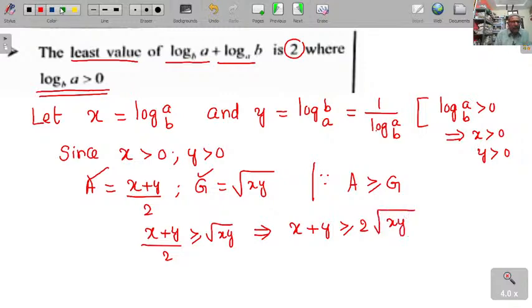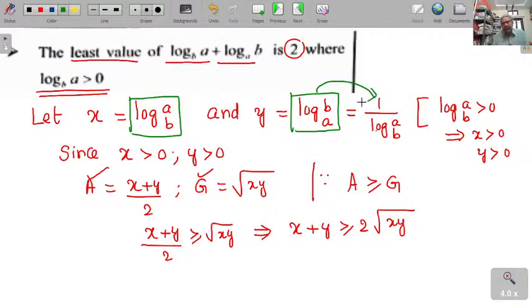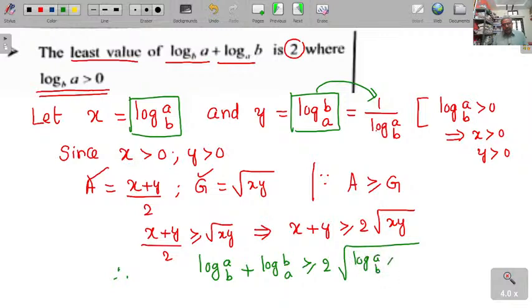Let us substitute x for log a to the base b, and y for log b to the base a. Then see what we get. x is replaced by log a to the base b, plus y replaced by log b to the base a, is greater than or equal to 2 times root of x multiplied with y, which is replaced by 1 upon log a to the base b.